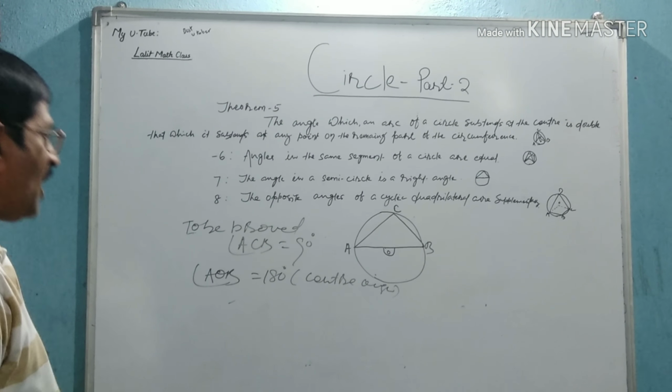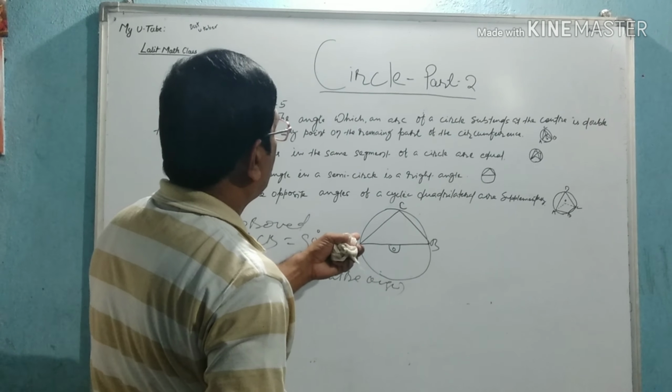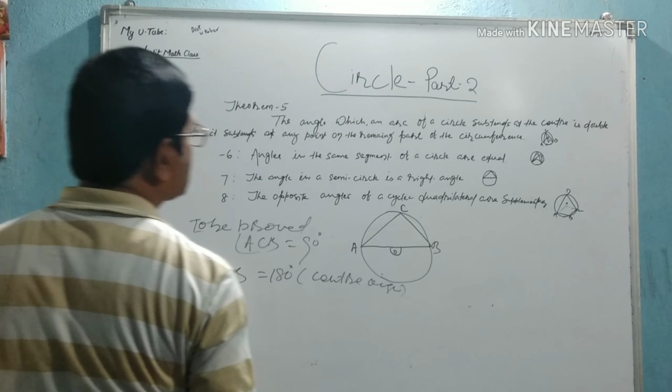Now, as you have read, the center angle is twice the angle at the remaining part of the circumference.